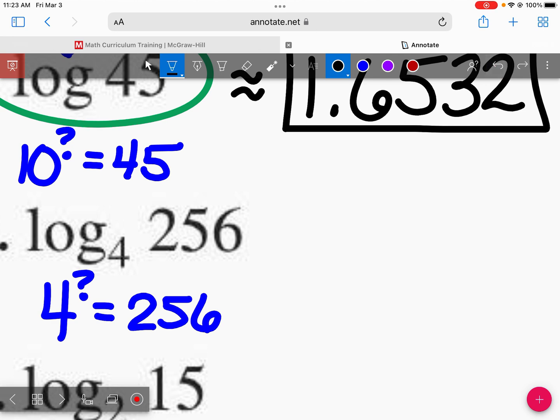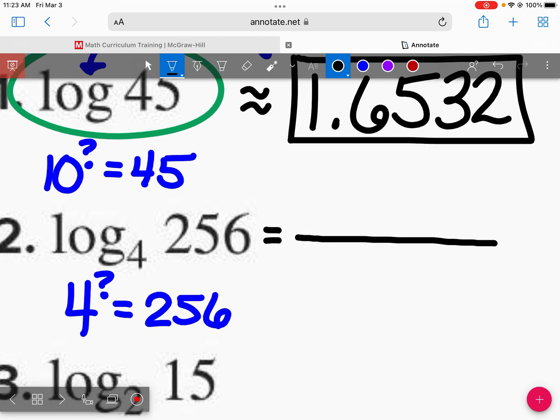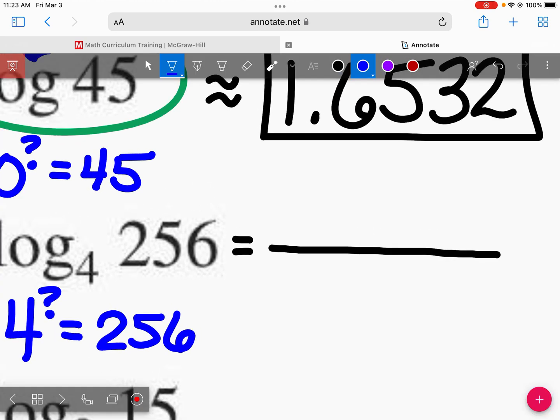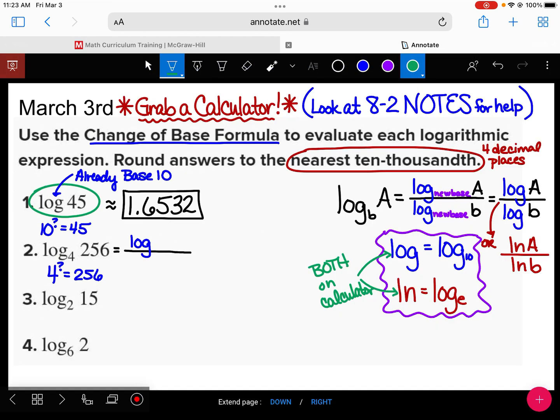If I don't know how to do it on my calculator, I could use change of base here. What would it look like for me to use change of base? Log. Look at our model over here. What does the A stand for?